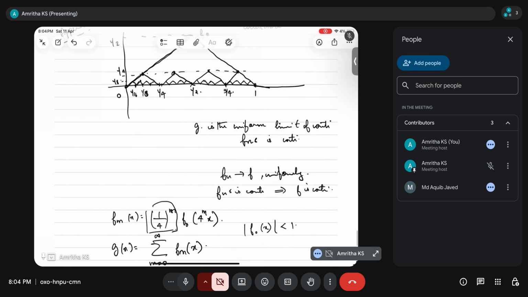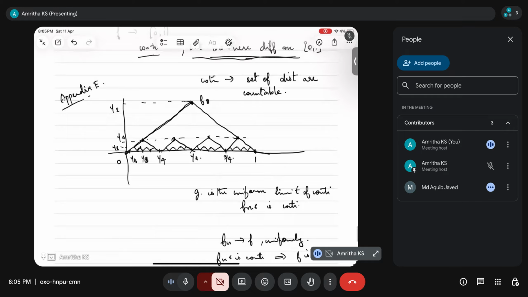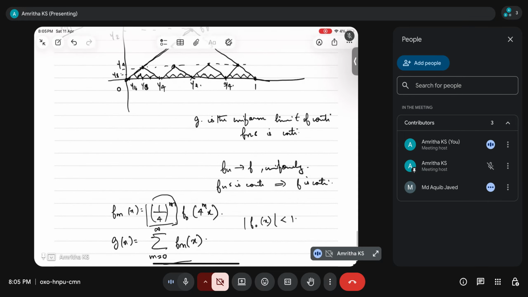These slopes here will create a problem actually. We are taking the sum because otherwise these Fm's will go to 0, right?